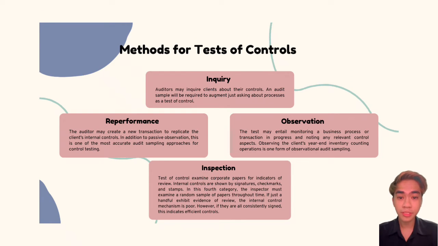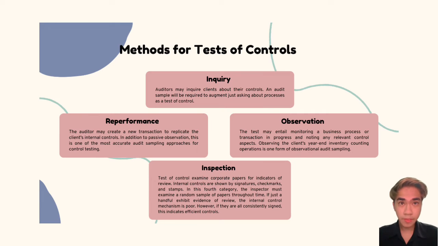Observation is a way for the auditors to observe or monitor their business transactions and business processes, and it helps in a way they can control. Next, they can also observe their year-end inventory counting, which is one form of observation audit sampling.